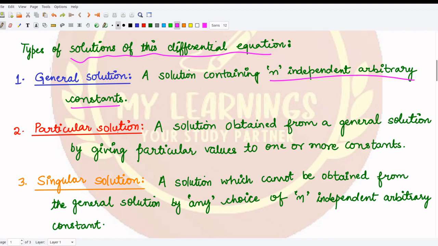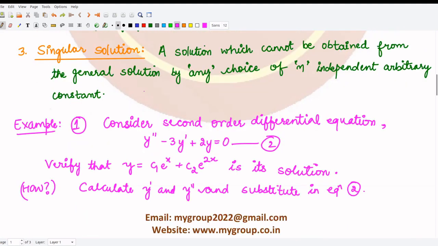Our first example is a second order ordinary differential equation: y double dash, which means the second derivative of y, in prime notation, minus 3y dash plus 2y equals 0. Y dash is the first derivative and y as such. This is your differential equation.